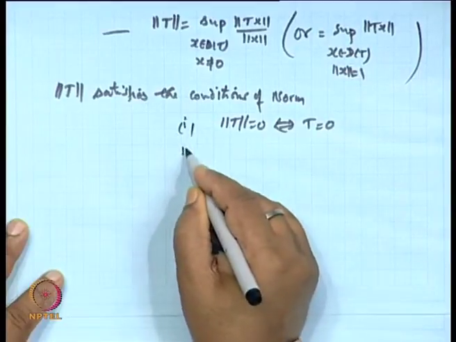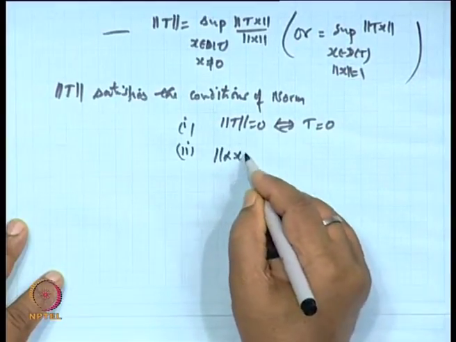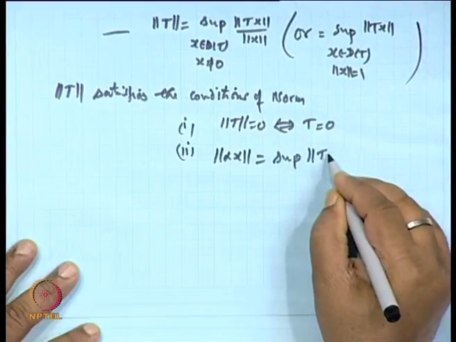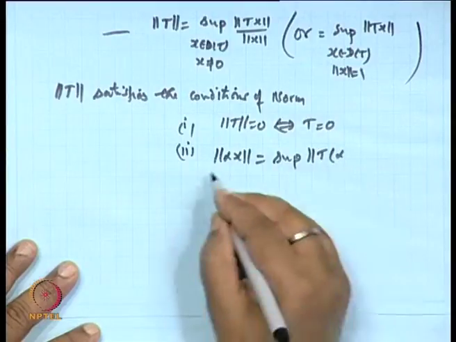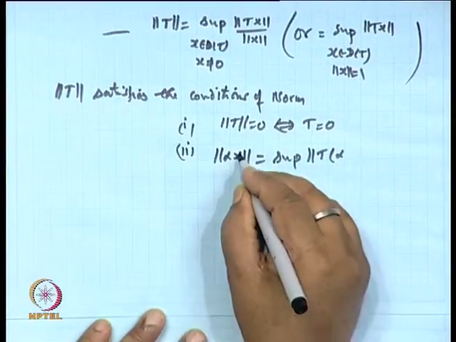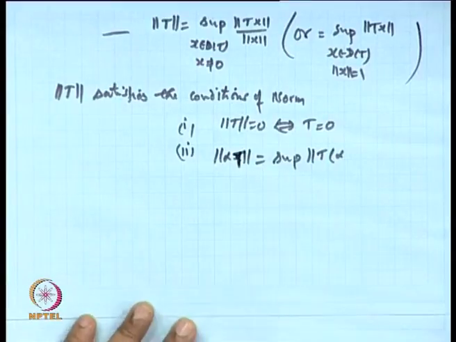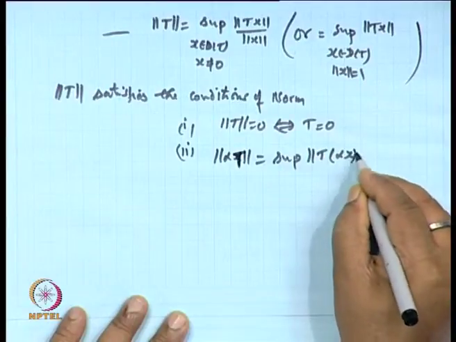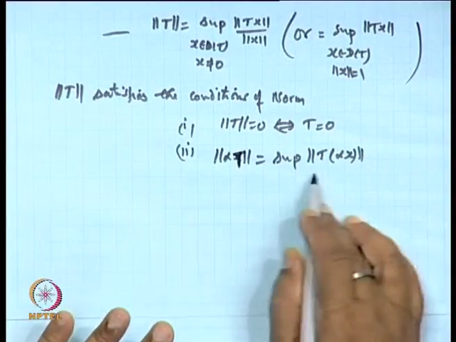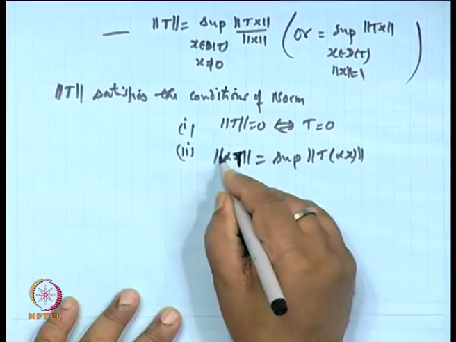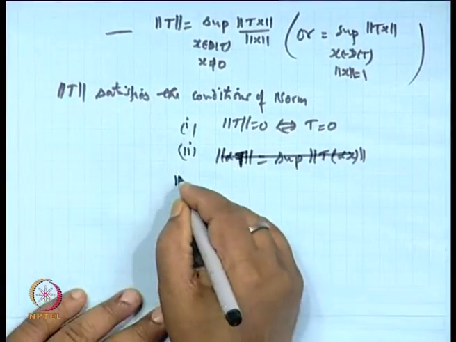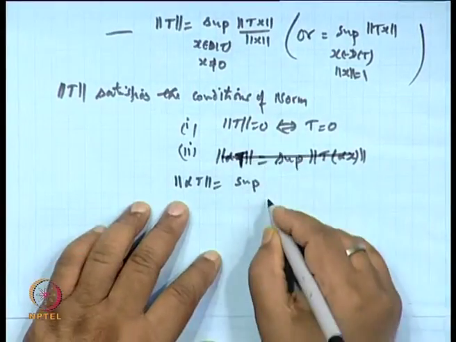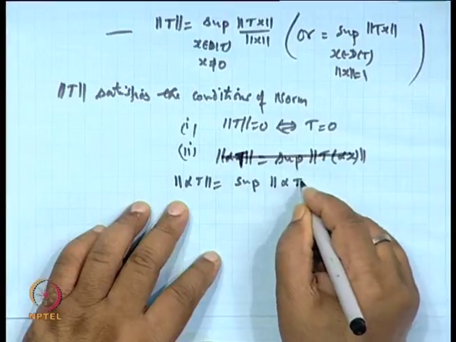The second condition which we can see is the norm of alpha T. By definition, it is the supremum of norm of alpha Ty.